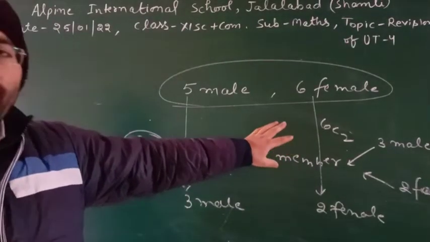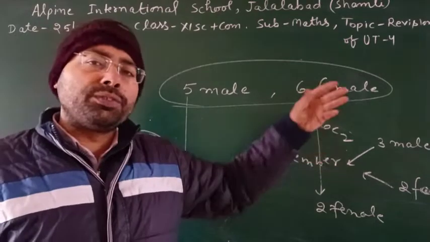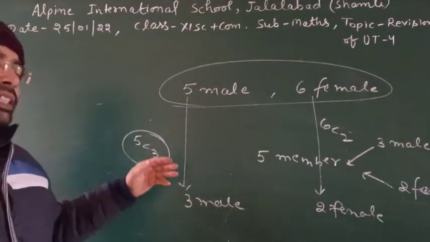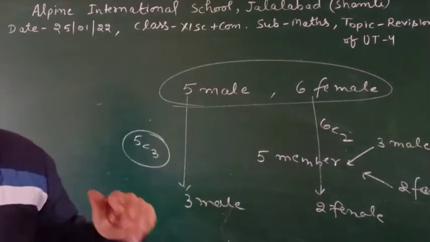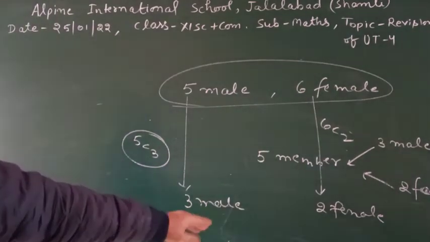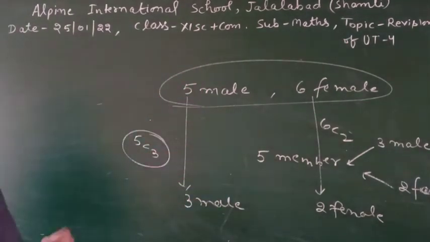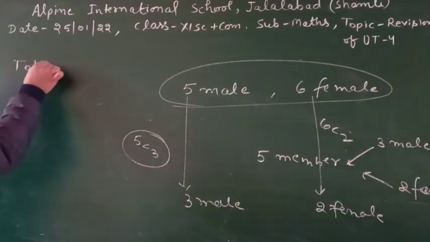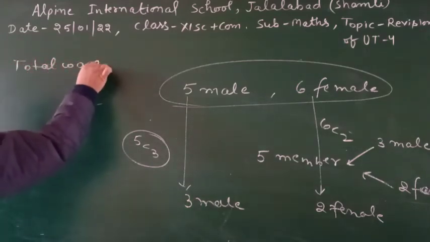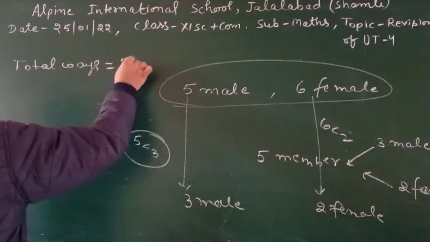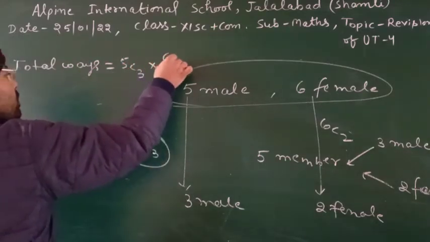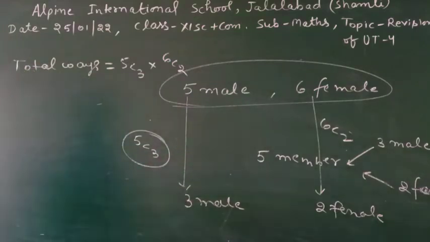So 6C2 is the total number of ways by which you can select 2 female out of 6, and 5C3 is the total number of ways by which you can select 3 male members out of 5. So in the last of the question answer will be total ways is equals to 5C3 into 6C2. Now open the 5C3 as well as 6C2 and you will obtain the required answer.